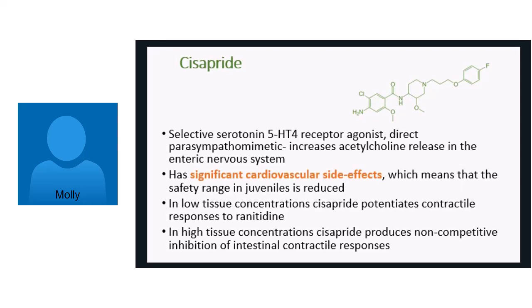Again, it has significant cardiovascular side effects, and this is the reason it was actually taken off the market in the first place, because we're certainly recognising cardiac issues in our veterinary patients, and they were certainly recognising cardiac issues in paediatric patients. In low concentrations, cisapride will actually potentiate ranitidine and the responses to ranitidine, and in high doses it will actually antagonise it. So again, how we use these drugs and in what combination can be quite significant.